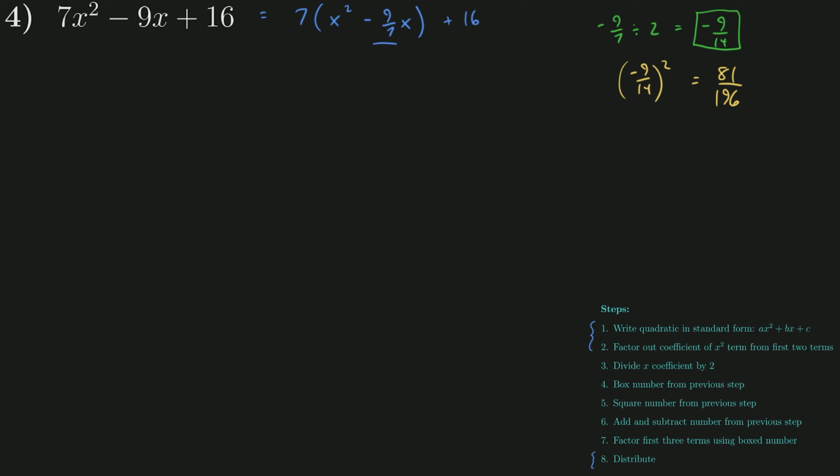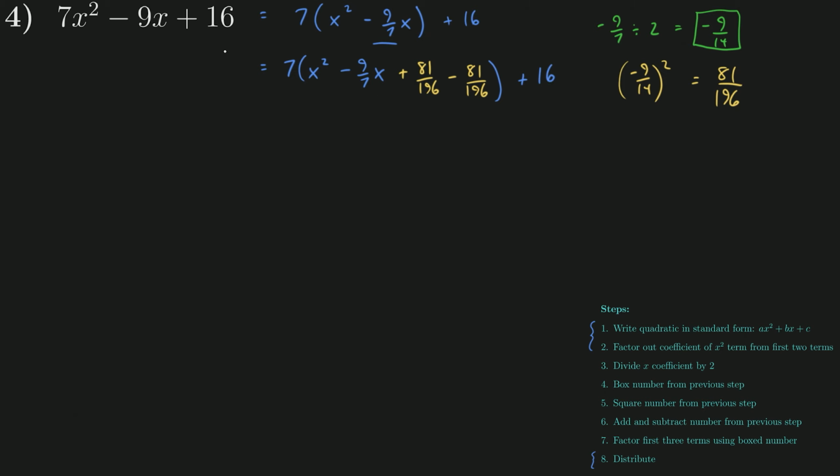Step 6, we're going to add and subtract that fraction inside the parentheses. 7 x squared minus 9 over 7 x plus 81 over 196 minus 81 over 196, close parentheses, plus 16.